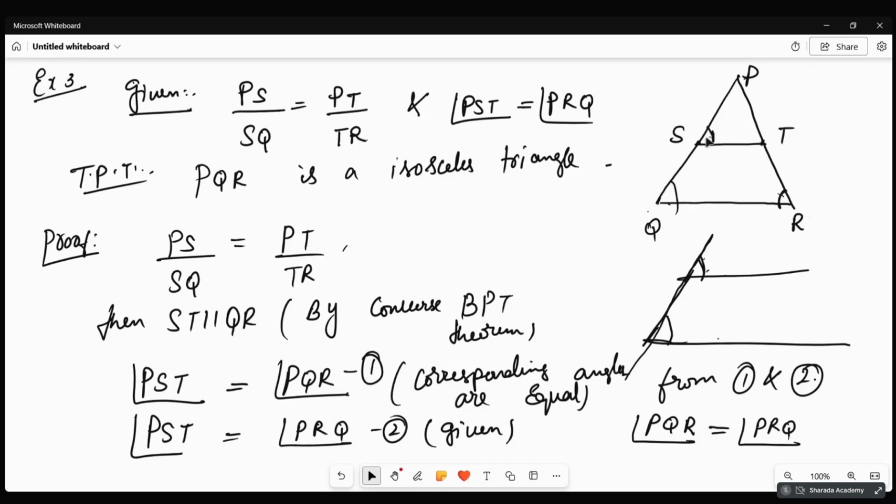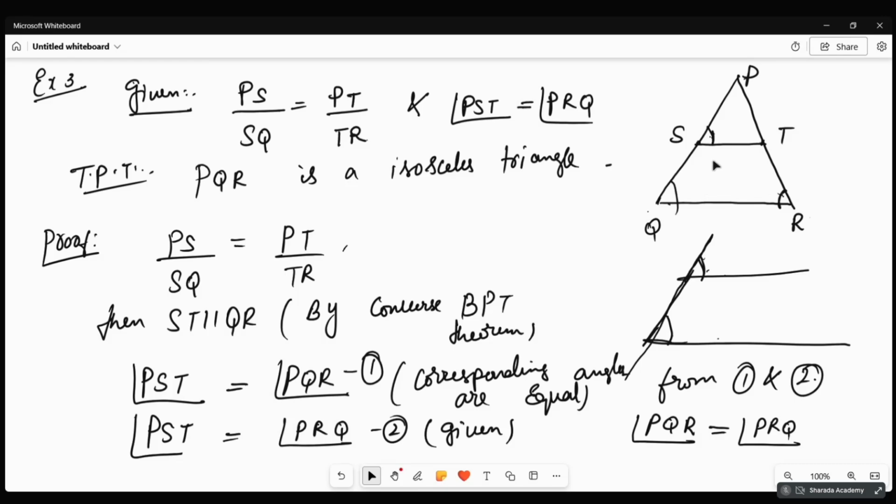See, first PS by SQ is equal to PT by TR. Since the sides are proportional here, I can say ST is parallel to QR, by converse of BPT theorem. Now, since ST is parallel to QR, angle S and angle Q are equal because they are corresponding angles.